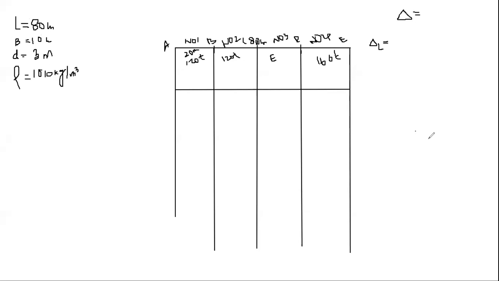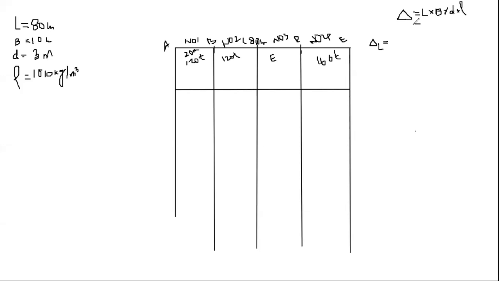So how will you calculate here? The calculation will be: the ship displacement is given, that we can find out from L B multiplied by D multiplied by rho. That is the displacement at 3 meter draft we have got.